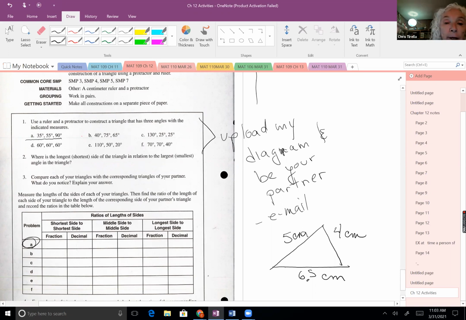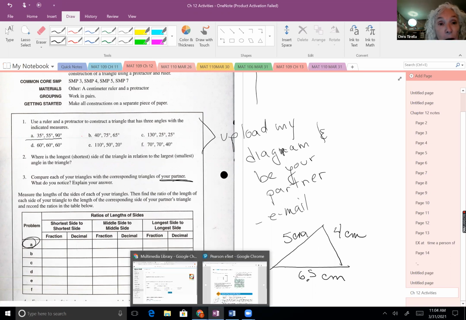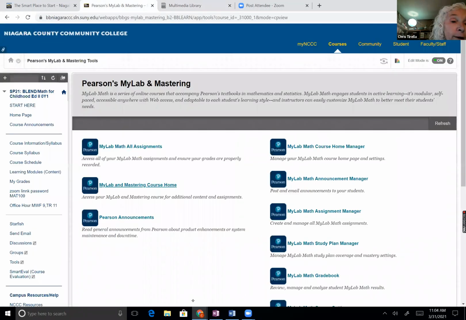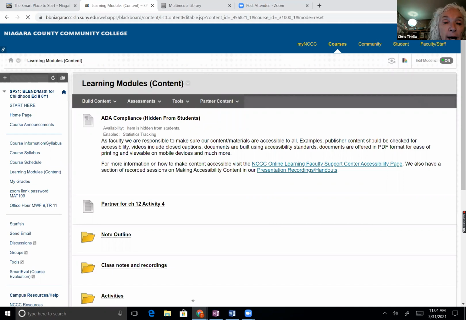And you're supposed to compare them to that of your partner. If I remember correctly, because we were doing these virtually, I didn't assign partners. Rather, I said that I would be everybody's partner. So as everybody's partner, I sent you this sheet that had the lengths that I had for the sides of those activities.